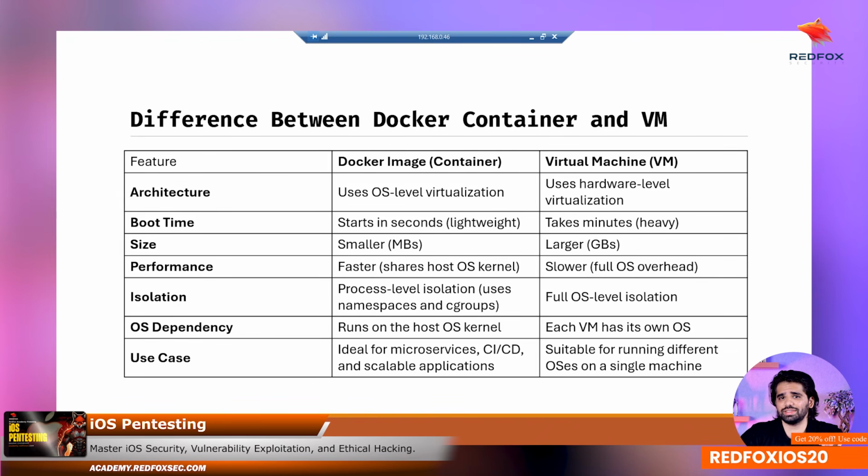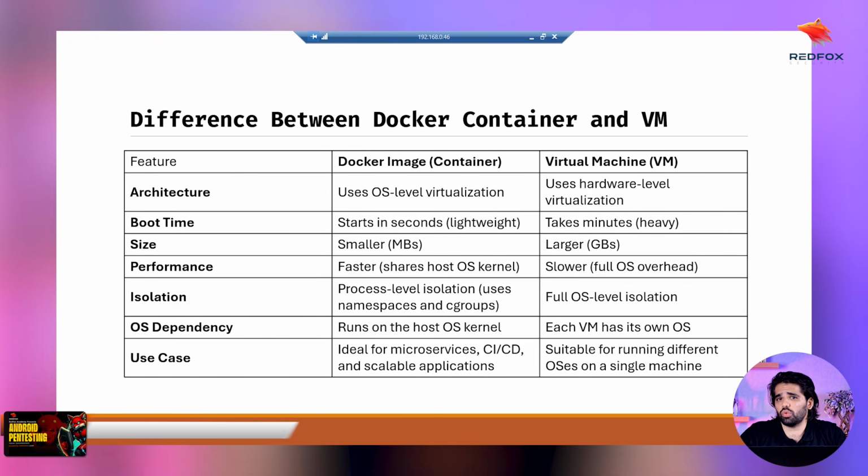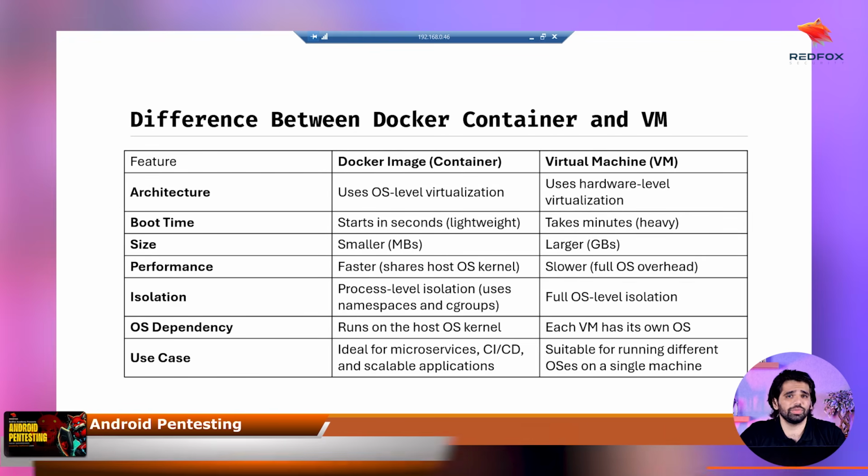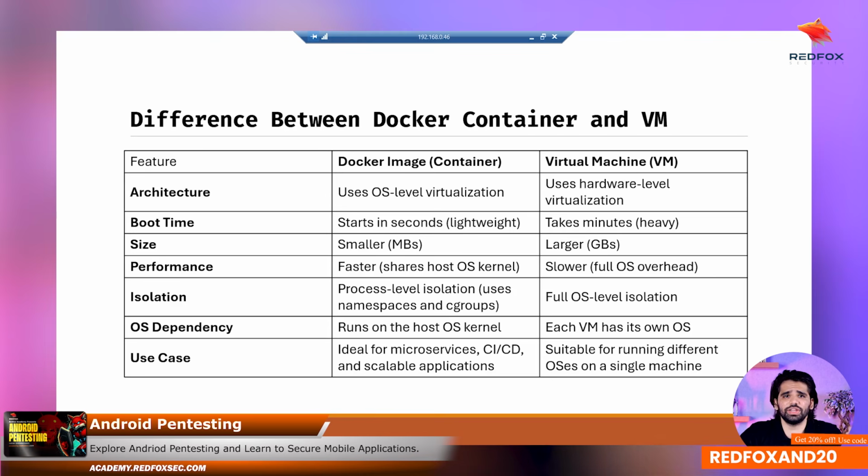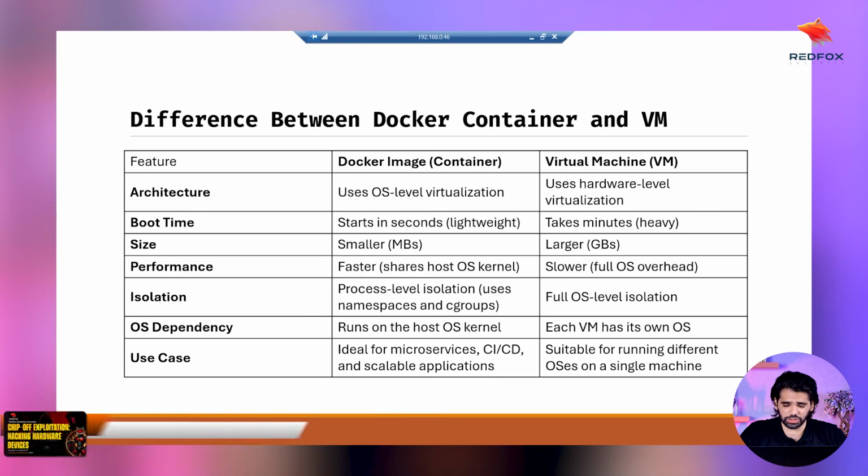Now let's understand this with containers. Instead of giving each chef a separate kitchen, you create one big kitchen where each chef gets their own workstation with the tools they need. They share the same gas, fridge, water supply but work on their own dishes independently. So this is just a basic example of the difference between a Docker container and a virtual machine.